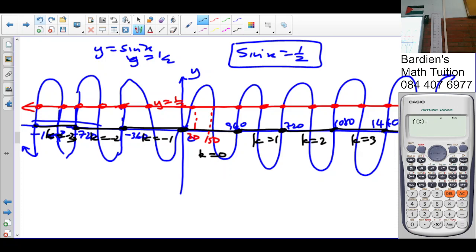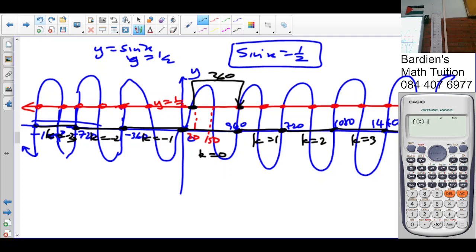But if you look at the solution here, if I look at this 30 degrees here, each corresponding point is that value there. How many degrees later is that? 360 degrees. Can you see that? Starting off, k was 0. Take it from there to there, it's 1, so it's 360 degrees later.